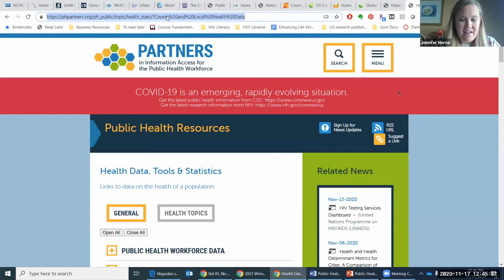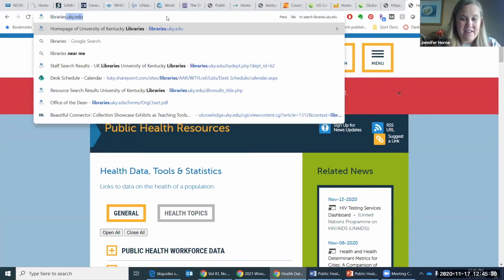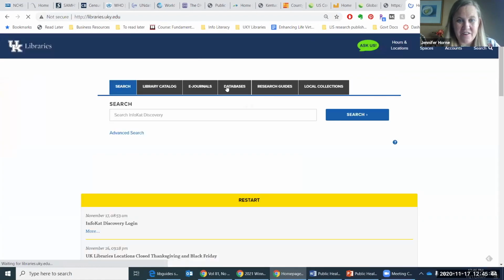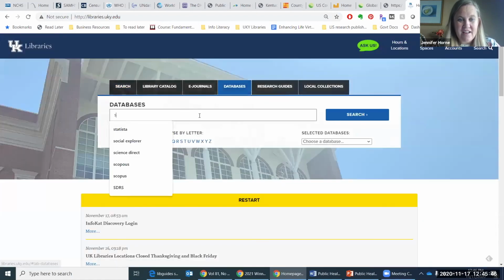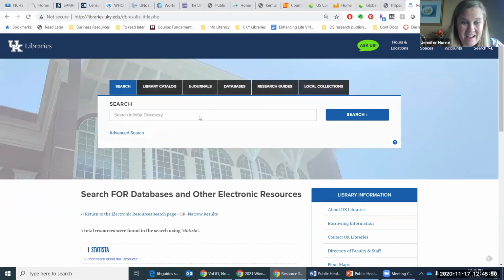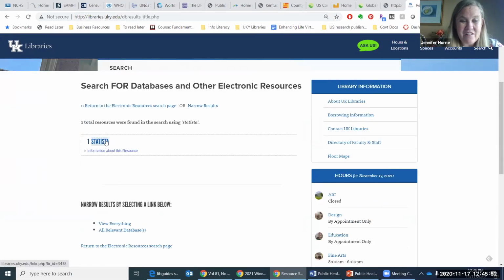I'm going to show you one other thing that is actually on the library website. It is a new database that we added earlier this year, and it's called Statista. It is a database of statistics, just like it sounds, and it's really easy to use.